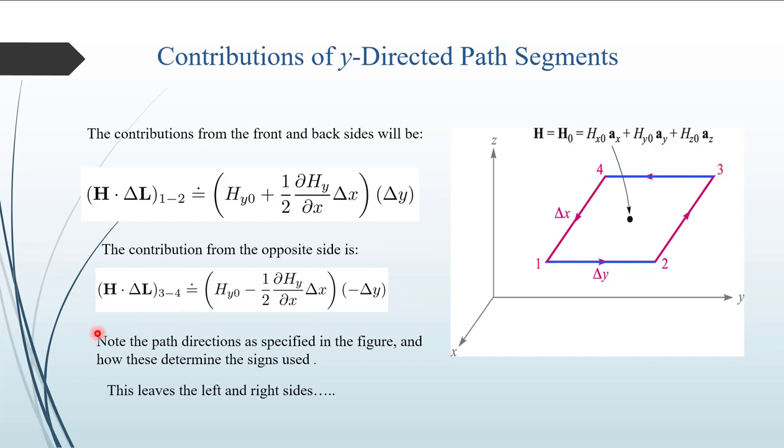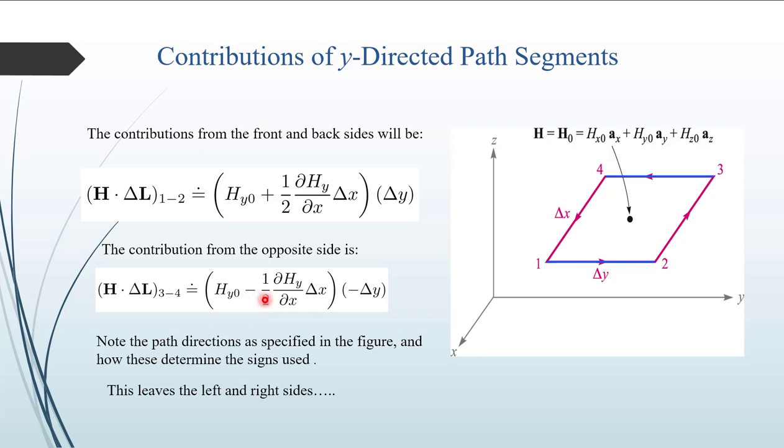If I apply H dot delta L for this part from 3 to 4, it again has an hy naught component, because hy naught is at the center, and then hy is displaced from the center by a distance of delta x by 2, but this component is going towards the negative y direction, so we have to consider that as minus dou hy by dou x into delta x divided by 2.